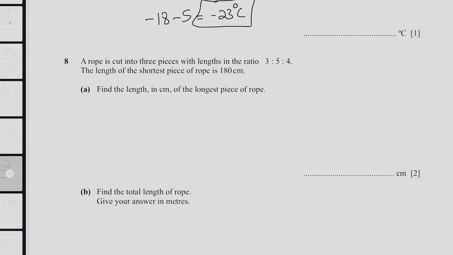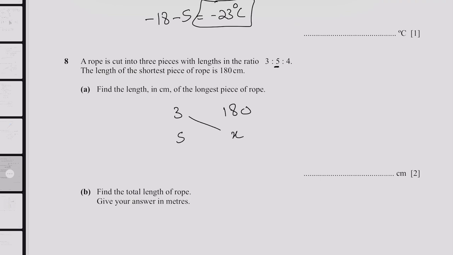So the longest piece is the one with the ratio 5. For the smallest ratio the length is 180, for the biggest ratio the length is x.